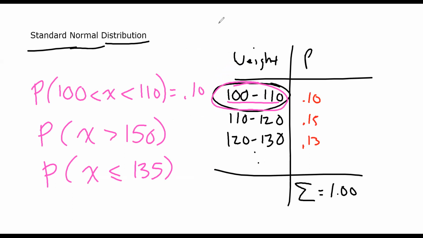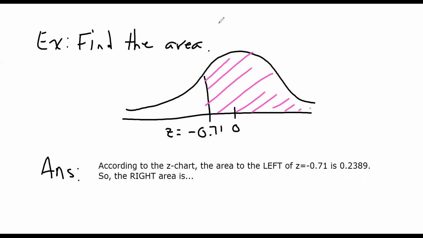How can that help us? Remembering that area is equal to probability, the total area is equal to 1. So if the total area under the bell curve is 1, and we know the area to the left, how would we figure out the area to the right?